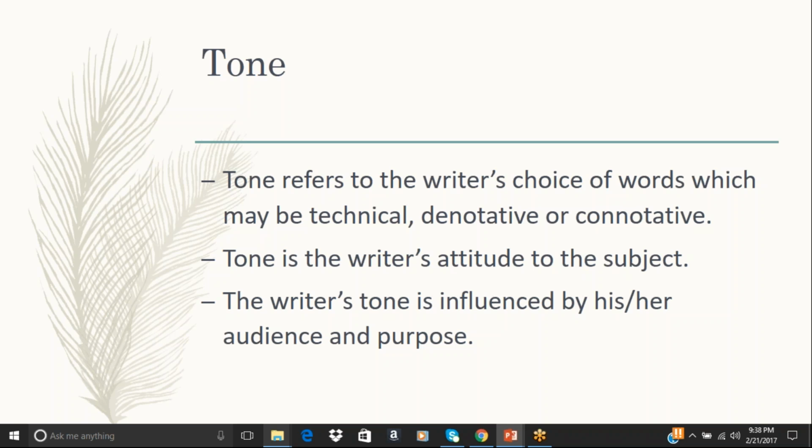Sarcastic, sir. Sarcastic, a tone of disgust, a tone of disappointment. Very good, Samuel. Very good, Dominic. Would you say he used a critical tone? What do you mean by critical, though?